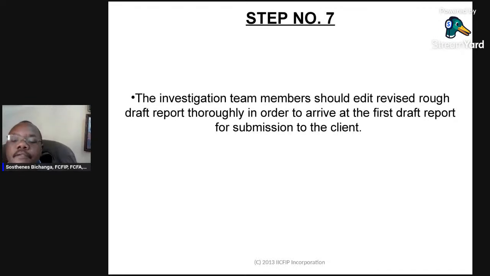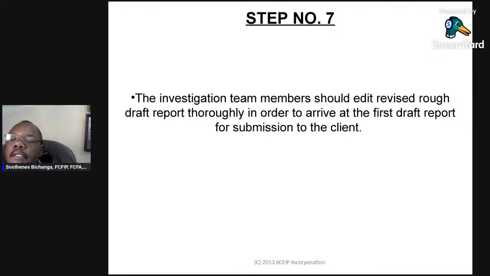as the first draft, so that the client goes through it and then sends it back to the investigation team with either recommendations for further investigation to be done in certain areas, or to confirm that the report is okay, and then the investigation team moves to come up with the second draft report to the client.